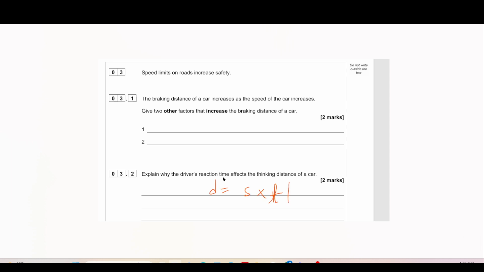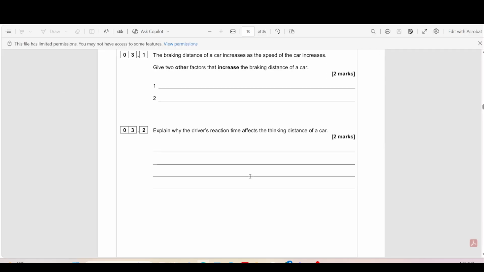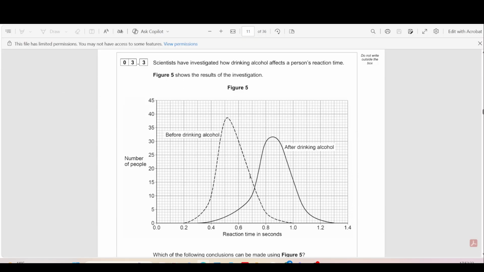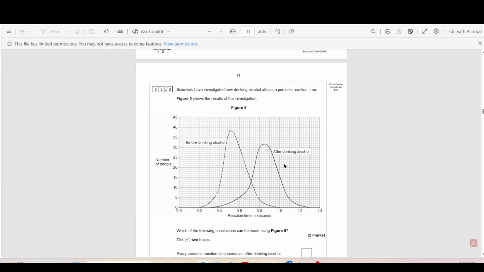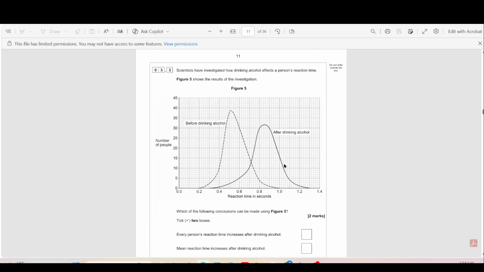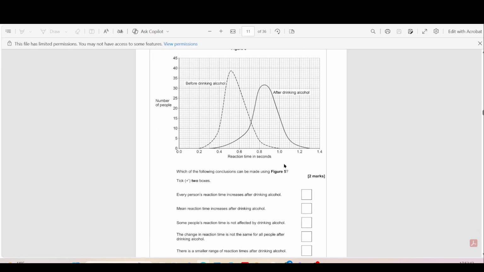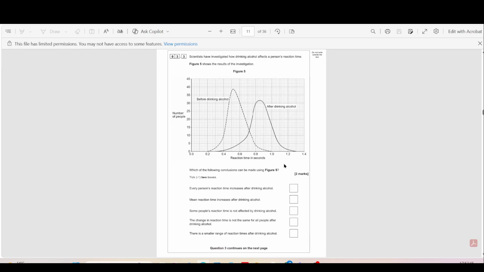If we increase time, the distance will be longer, right? So the longer it takes him to press the brakes, the longer it takes him to stop, and the more distance he covers.